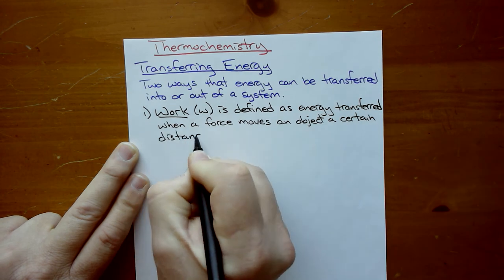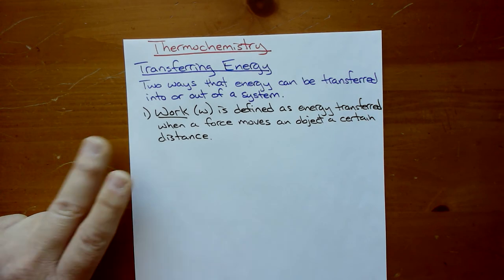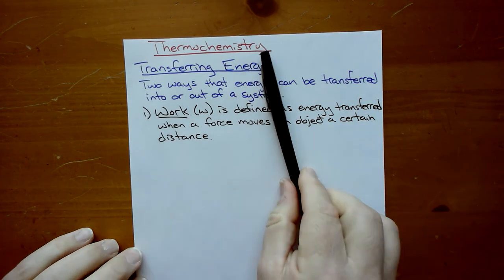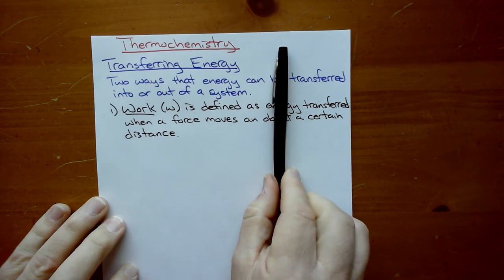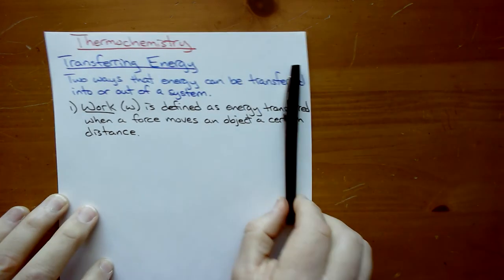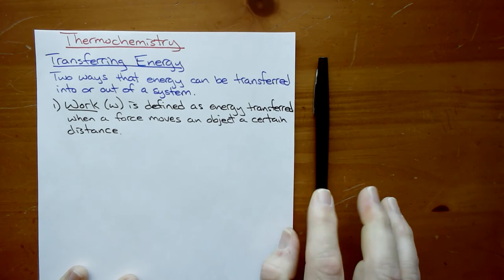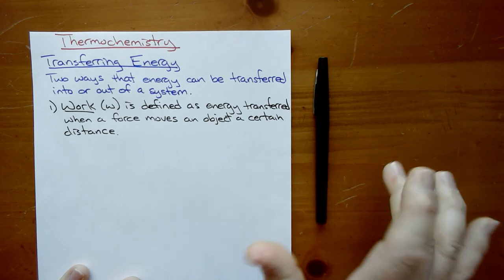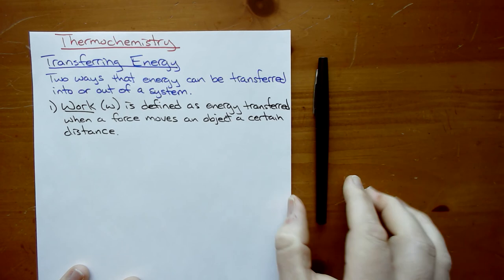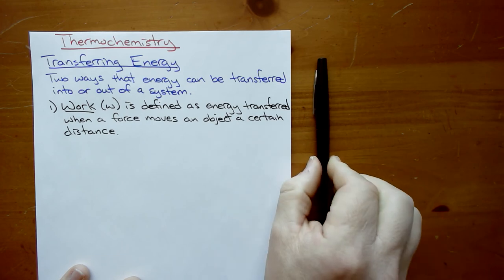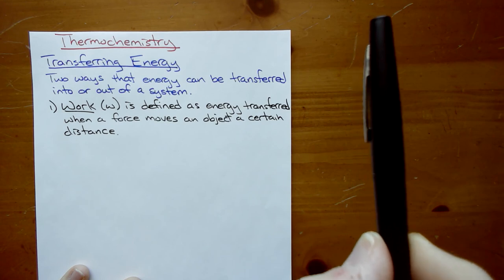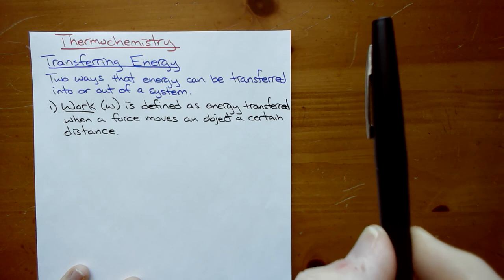Okay, now work is very much related to energy, and let me explain this. Let's use this pen, and let's say the pen has no energy relative to it sitting on the desk. If I apply a force and move it, now I have moved it a certain distance above the table.